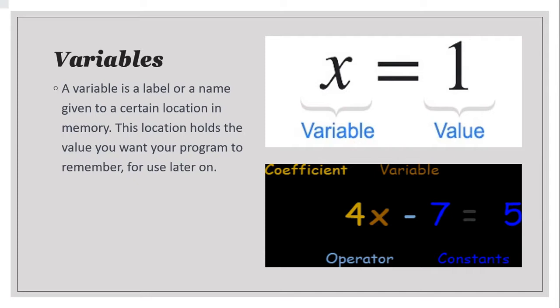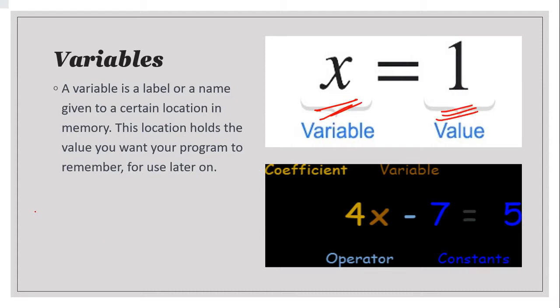So let's get started. So the first thing is variable. This is the most basic thing in coding, that whenever we start to code, we have to declare a variable. Now let's think, what is a variable? A variable is a label or a name given to a certain location in the memory. So you can see here, x is a variable and 1 is a value.